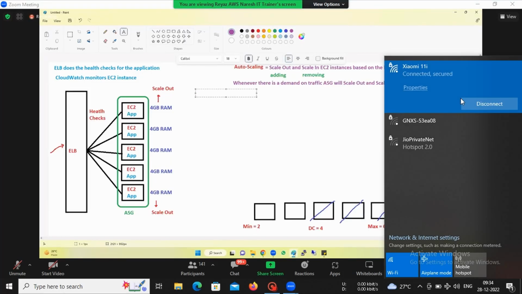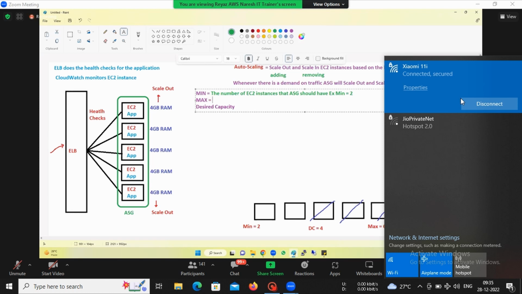So I'll write it for you. Minimum, maximum, desired capacity. So what is minimum? Minimum is the number of EC2 instances that the auto scaling group should have. Example, minimum 2. Is it mandatory to put only 2?